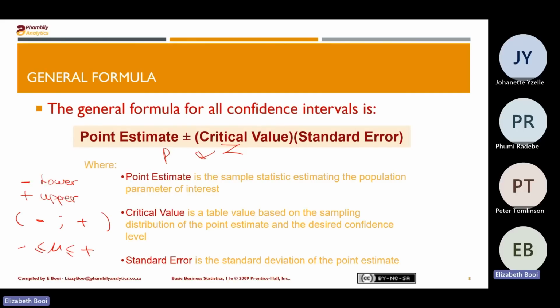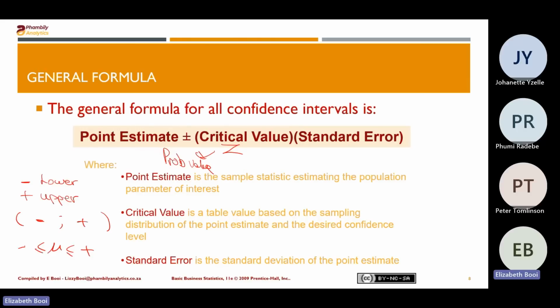So previously you would calculate the Z, find the probability value. Now we move from the probability value to finding the Z value. So it means we go inside the table and go outside the table to find the Z value. That's what we're going to be doing.